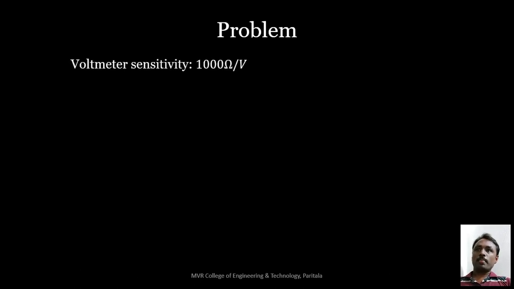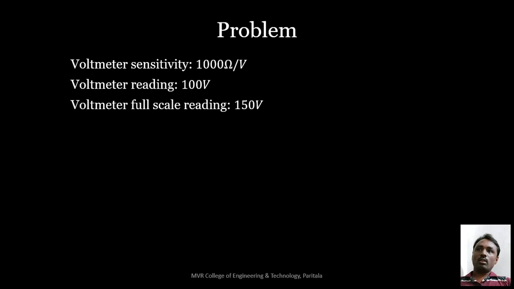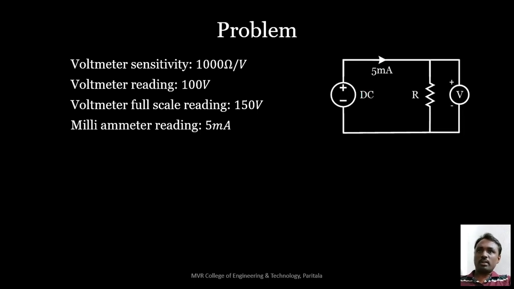Voltmeter reading 100 volts, voltmeter full scale reading 150 volts, milliammeter reading 5 milliamps, and so I formed a circuit here. I have not connected an ammeter here, so I just make it 5 milliamps.